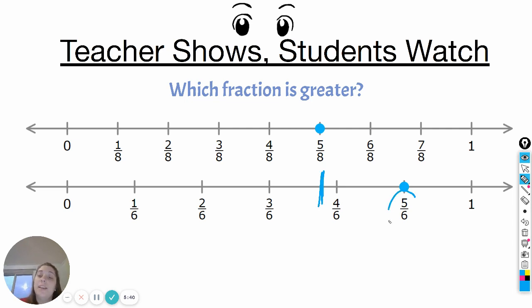So 5/6 is greater than 5/8. So even though we have 5 pieces of each of them, the 6 pieces are bigger than the 8 pieces. So 5/6 will be farther away from 0 than 5/8.